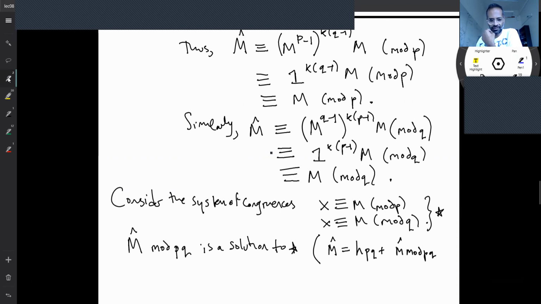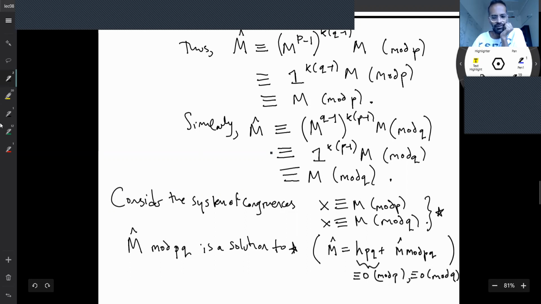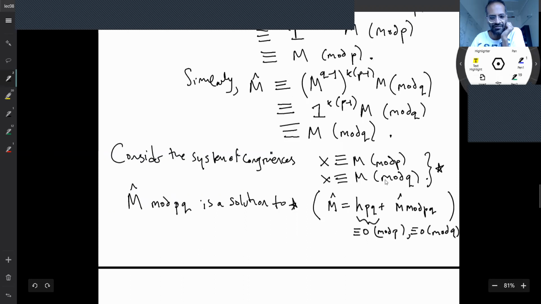And this first part is not going to affect whether or not it satisfies the congruence, because it's congruent to 0 mod p and congruent to 0 mod q. Okay, so just a little elementary modular arithmetic there. So m hat mod PQ is a solution to star.